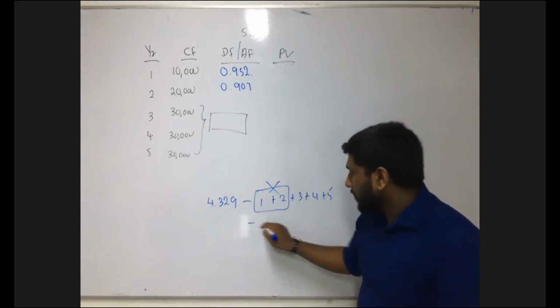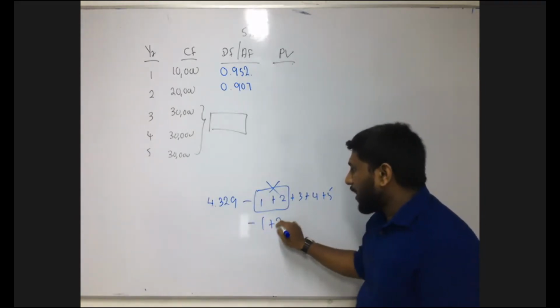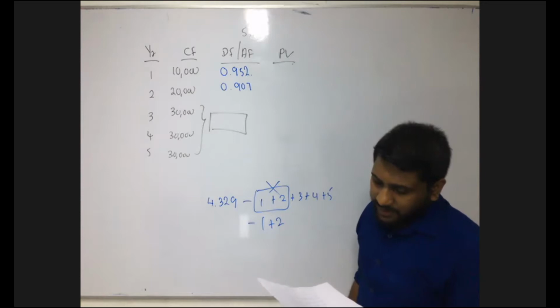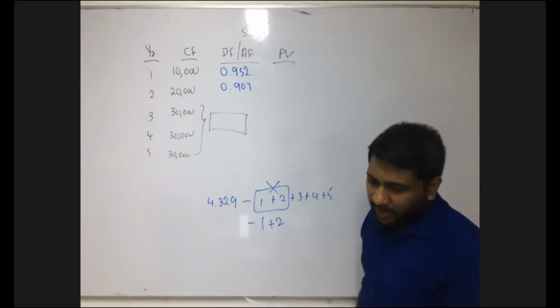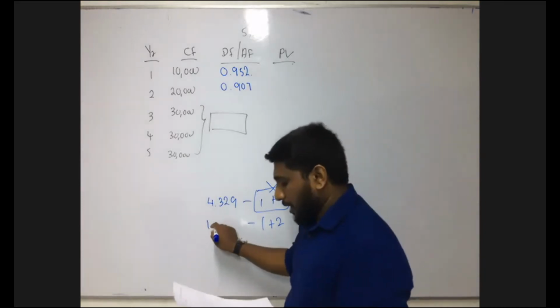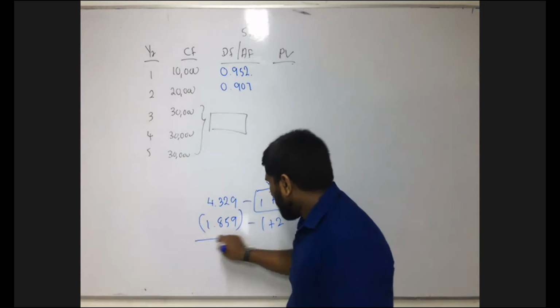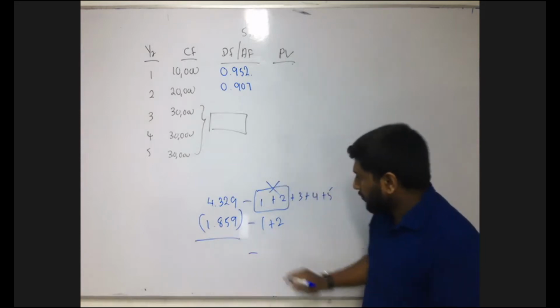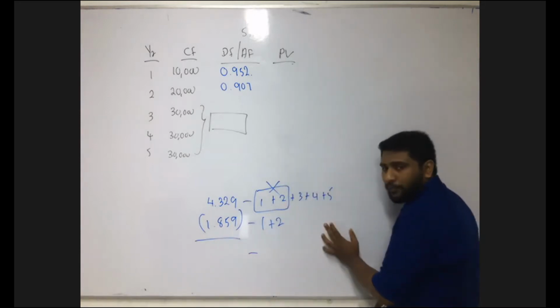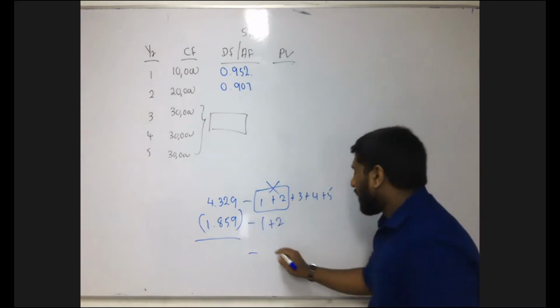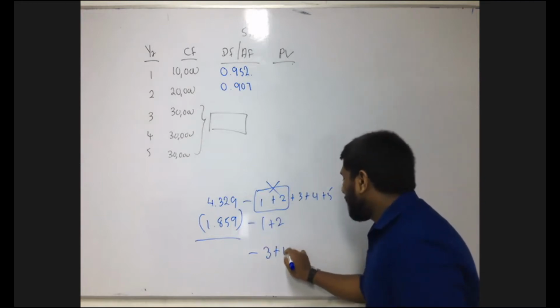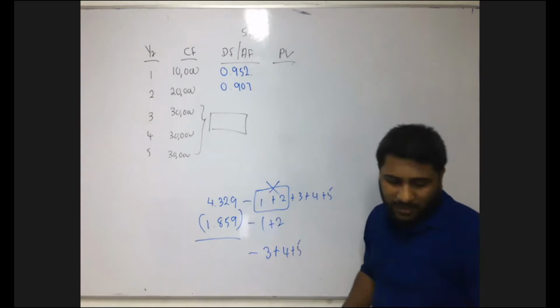What is the addition of 1 and 2 at 5%? It is 1.859. Remove the addition of 1 and 2. Then from 1, 2, 3, 4, 5, if you remove 1 and 2, you will end up with 3, 4, and 5.